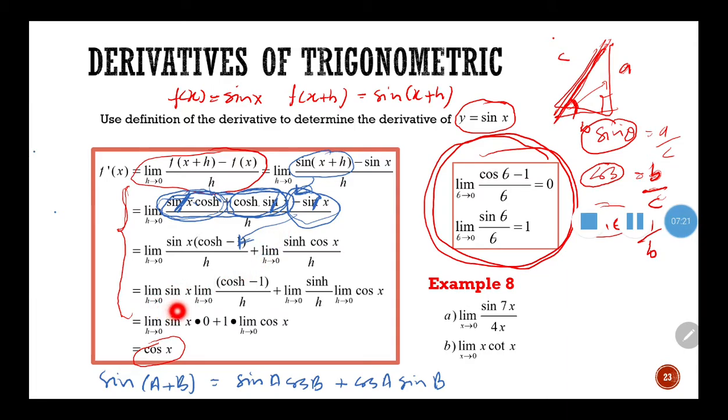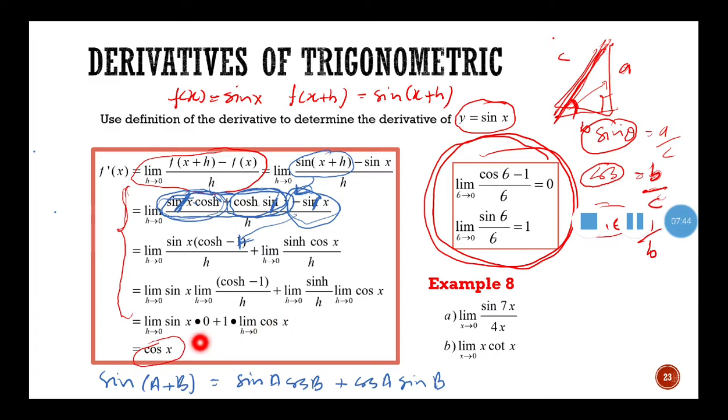So we have the limit of sin x as h approaches 0 times the limit of (cos h minus 1) over h, plus the limit of sin h over h as h approaches 0 times the limit of cos x as h approaches 0.